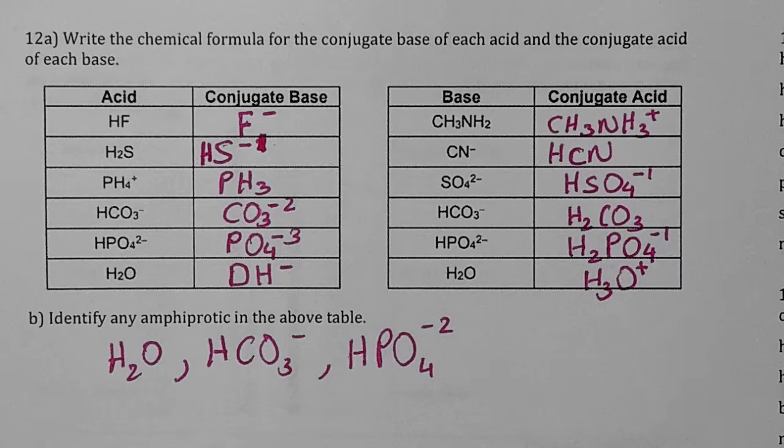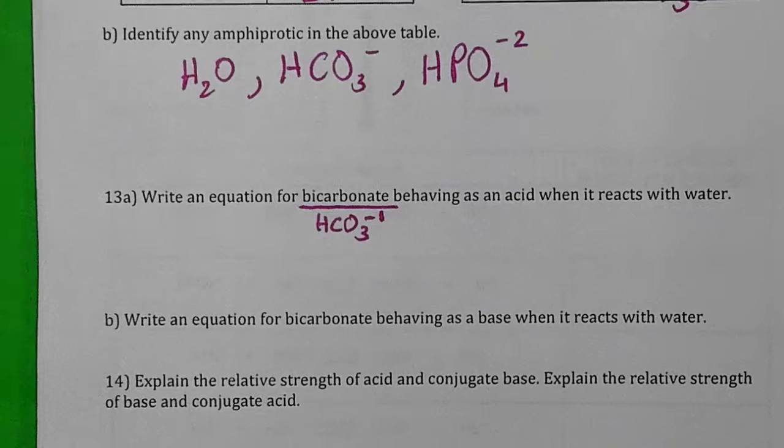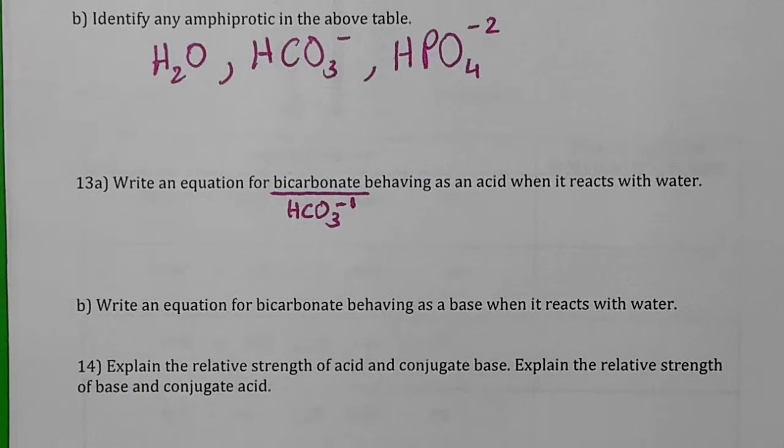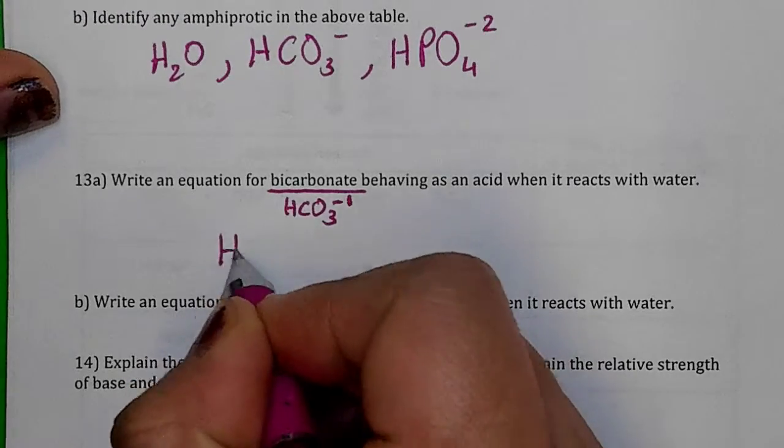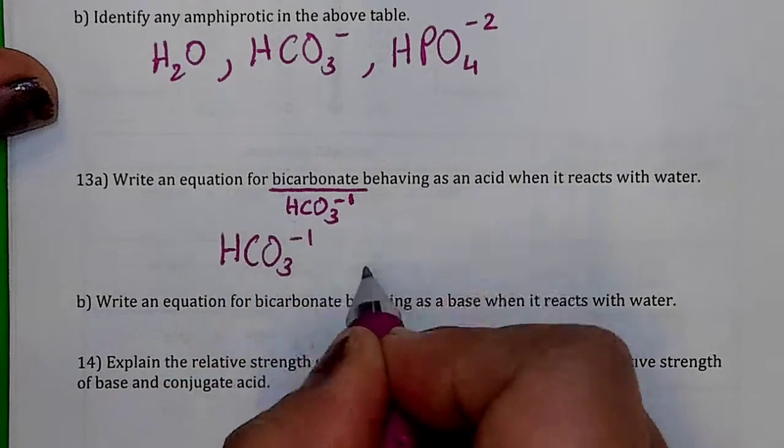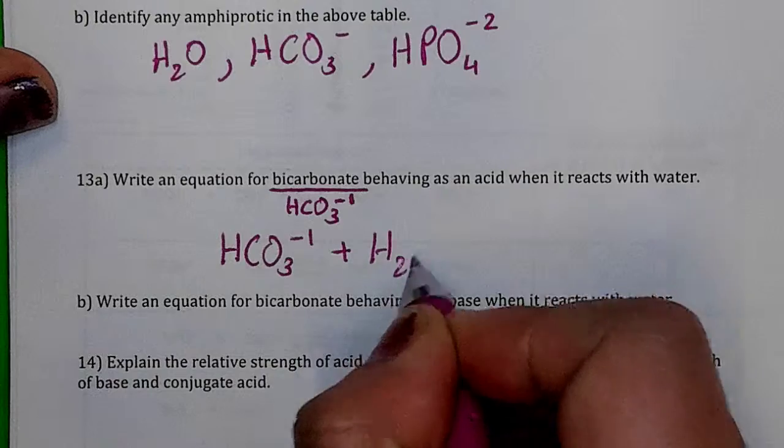They could do either. Okay. Let's try an example. So let's try writing an equation for HCO3 minus. One might behave as an acid and one is gonna behave as a base. So we're gonna react it with water to see how it's gonna look. Okay. So HCO3 minus plus H2O.